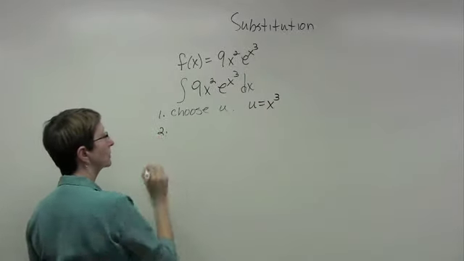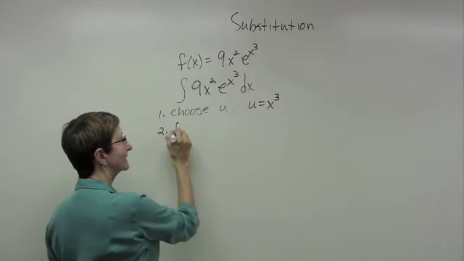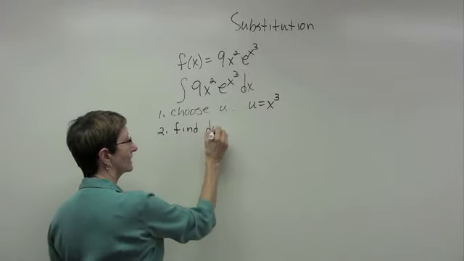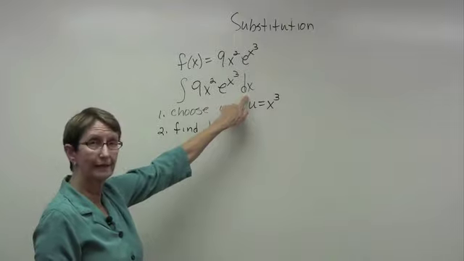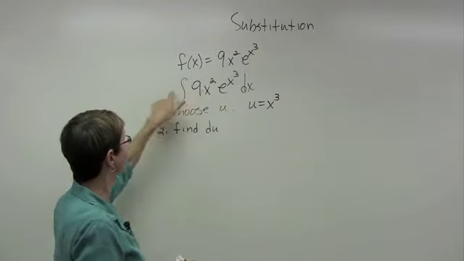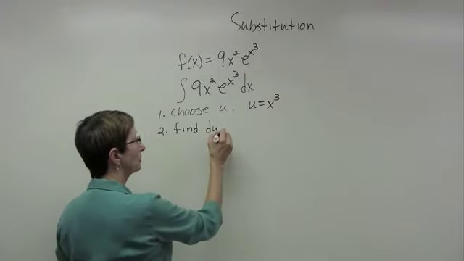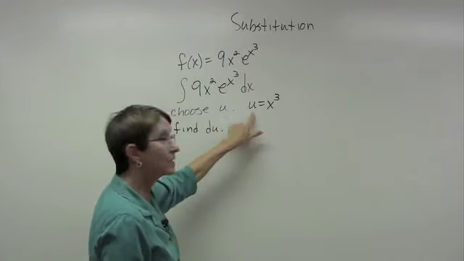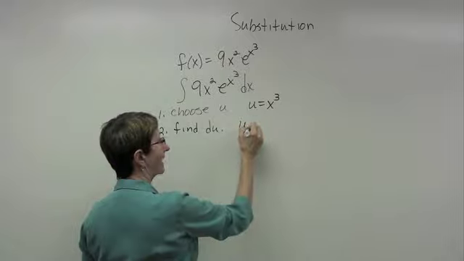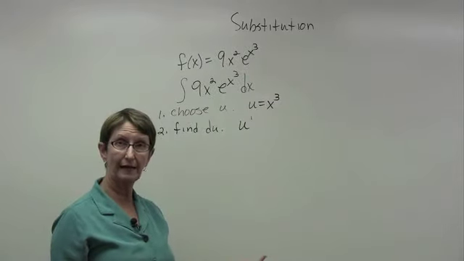Now, the second thing we want to do, we want to find something just called du. We have dx right here. That told us that in this integral, x is the variable. To find du, well, one thing I know I can do, I can take the derivative. I can find u prime. I just take the derivative of that.